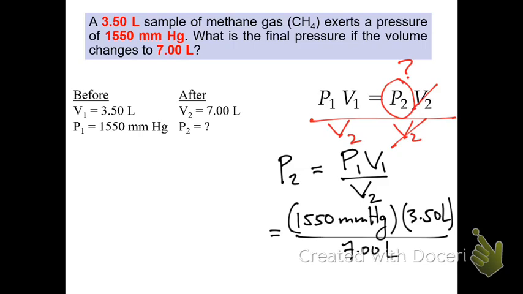All right, so you can see how the units cancel out, and you're left with the unit millimeter mercury. So here we get 775 millimeter of mercury.